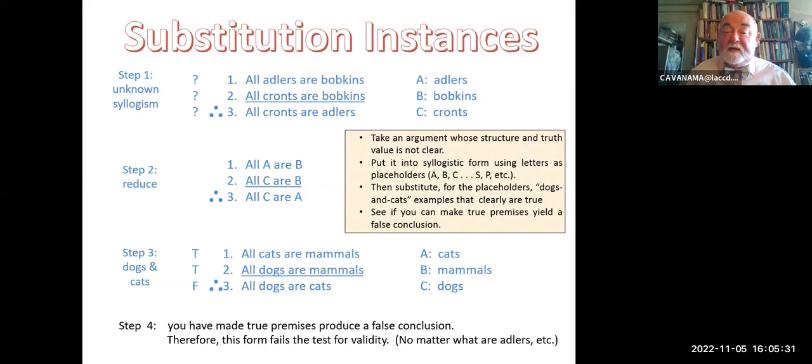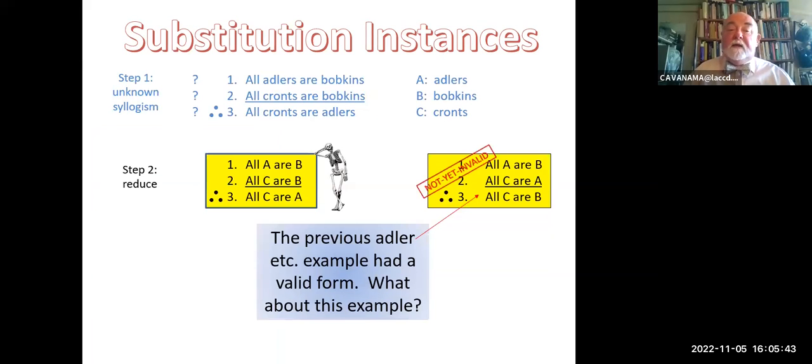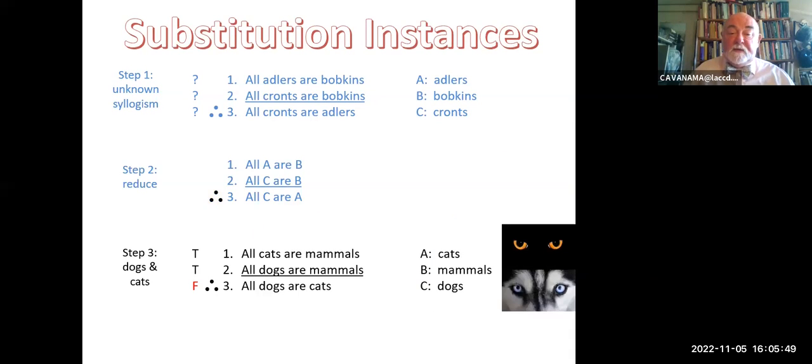And then step four, you've made true premises produce a false conclusion. Therefore, this one fails the test for validity, no matter what Adlers and so on are. Adlers, Bobkins, and Krafts, again, notice this time the minor premise is different from the one we used before. That's what makes this one invalid, the other one valid, okay? The previous example had a valid form. What about this example? Well, all cats are mammals, all dogs are mammals, therefore all dogs are cats.